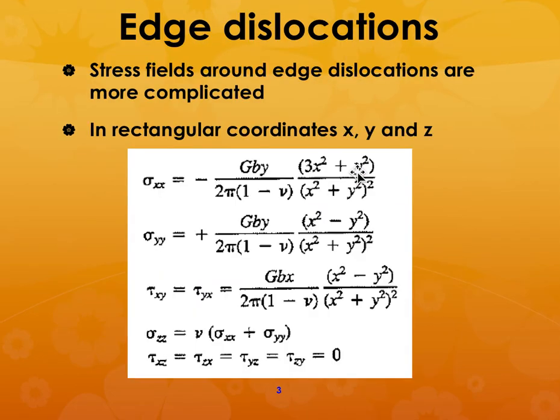But in the case of an edge dislocation, you can do that in terms of rectangular coordinates x, y, and z, and so you can derive the stresses around the edge dislocation in terms of sigma xx, sigma yy, and tau xy. This is a little bit complicated, but you can see that it contains the shear modulus and the Poisson's ratio.